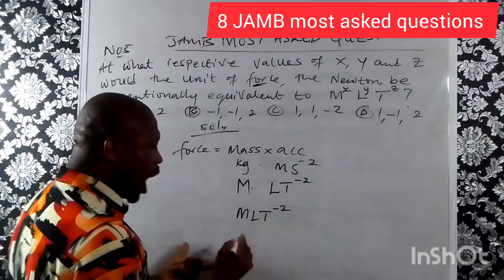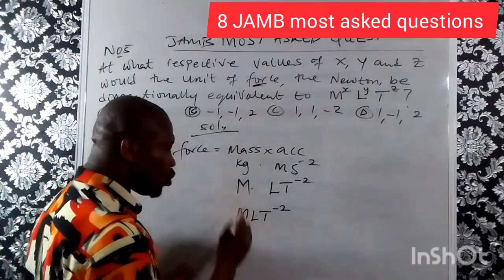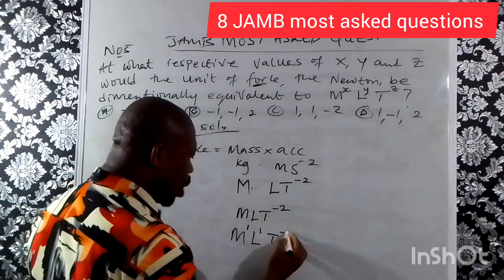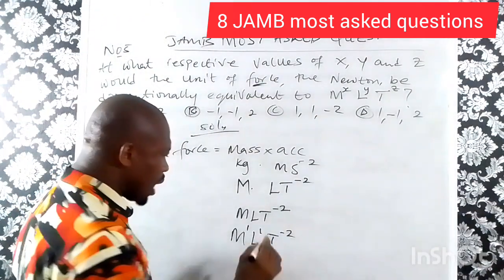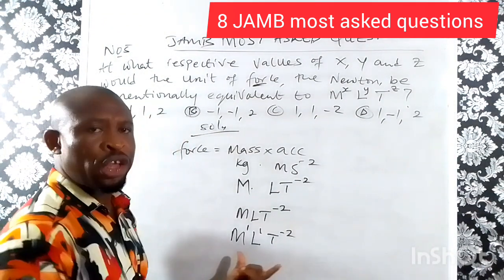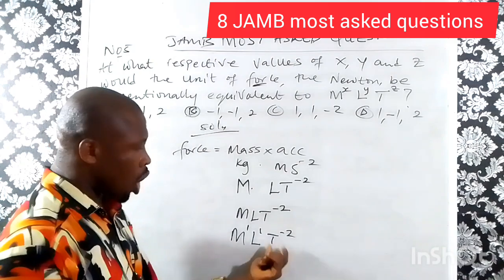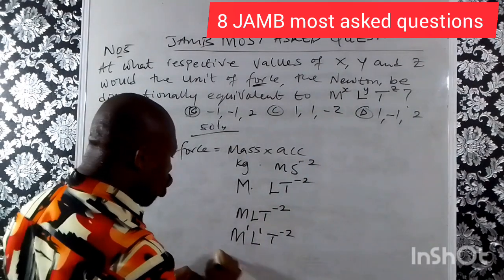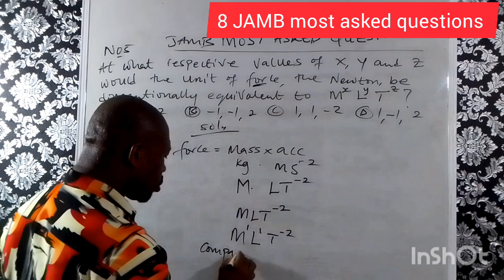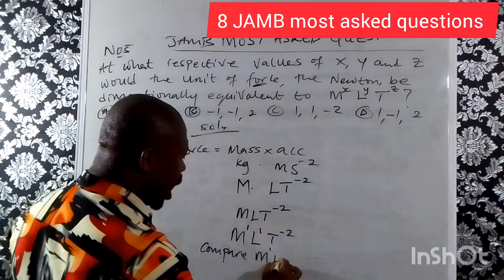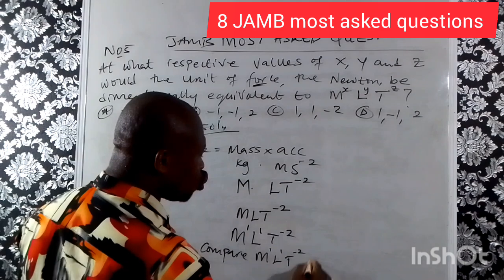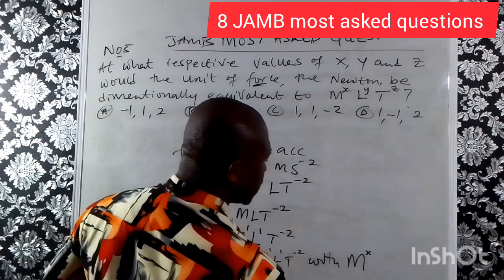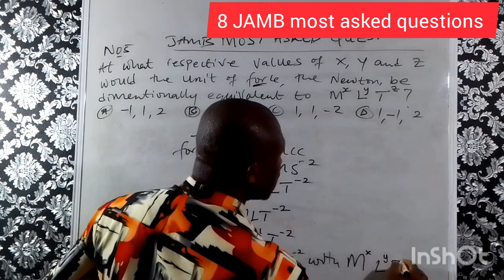Therefore, we now have, even though it is inappropriate to write M raised to power 1, L raised to power 1, T raised to power minus 2. Now, you can compare this with what you were given, M^x L^y T^z.